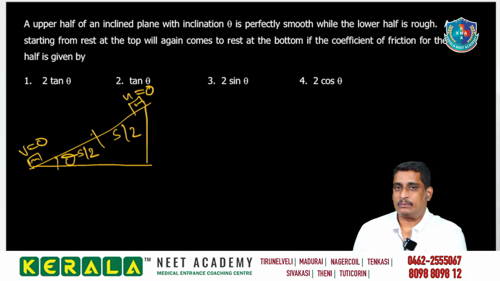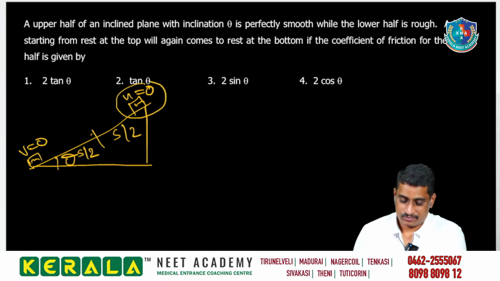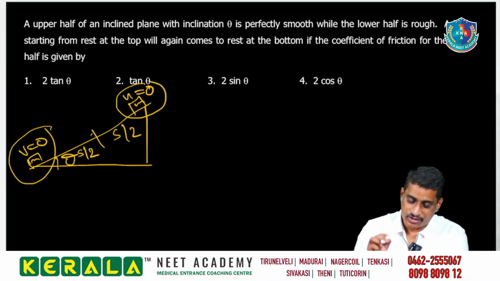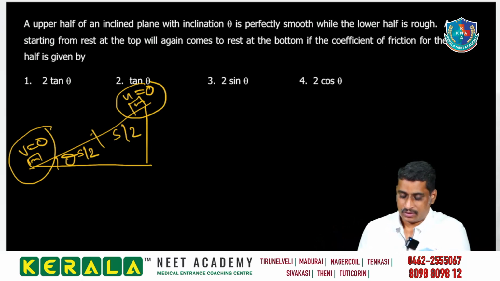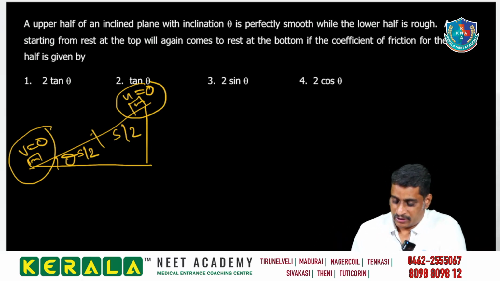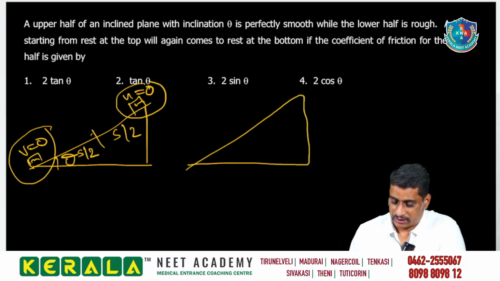In this particular example, the initial kinetic energy of the block is equal to 0 and the final kinetic energy of the block is also equal to 0. No change in kinetic energy. If you observe here, which forces are doing work? Down the plane, mg sin theta force is acting.